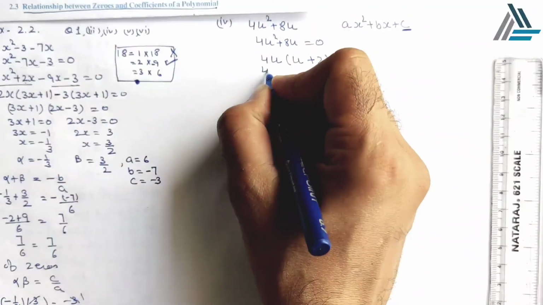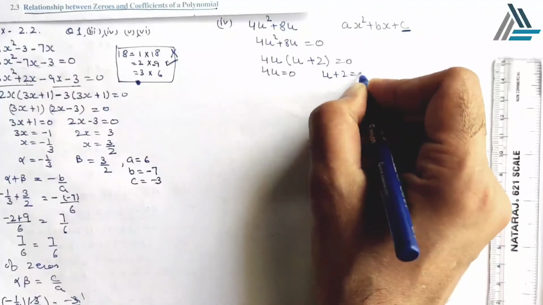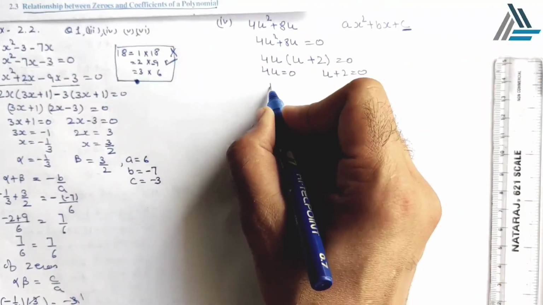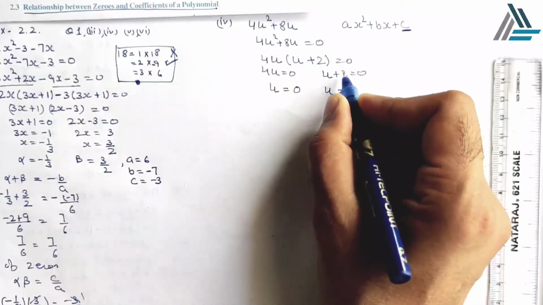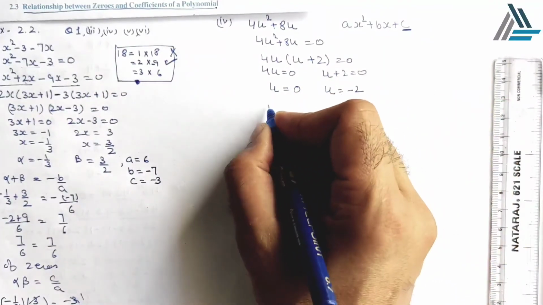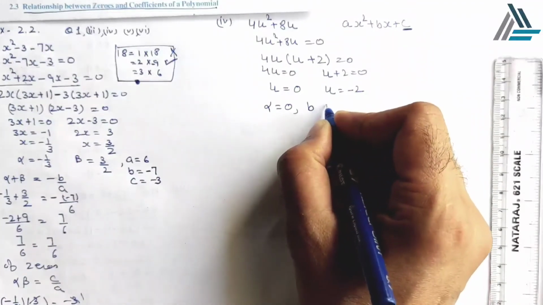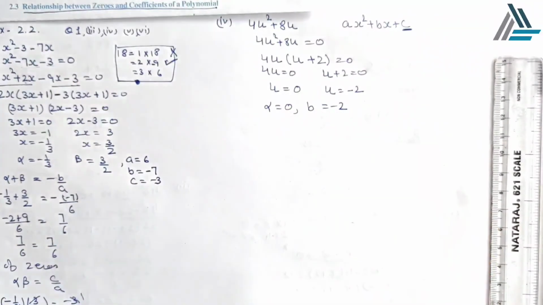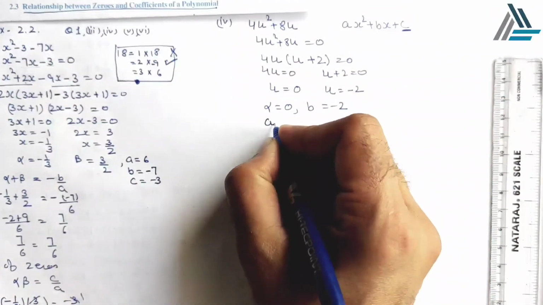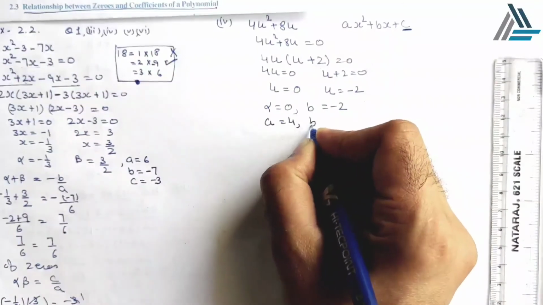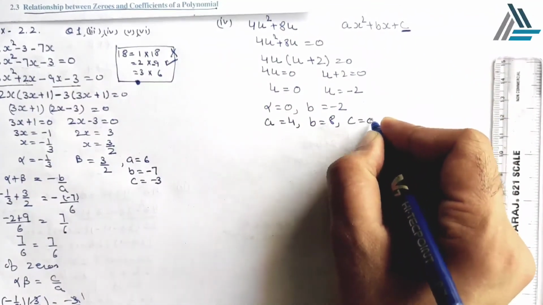If 4u is equal to 0 or u plus 2 is equal to 0, by solving we get u is 0 upon 4, meaning 0, and u is minus 2. Here we get alpha is 0 and beta is minus 2. By comparing with the quadratic equation we get coefficients a is 4, b is 8 and there is no c, so we can write c is 0.